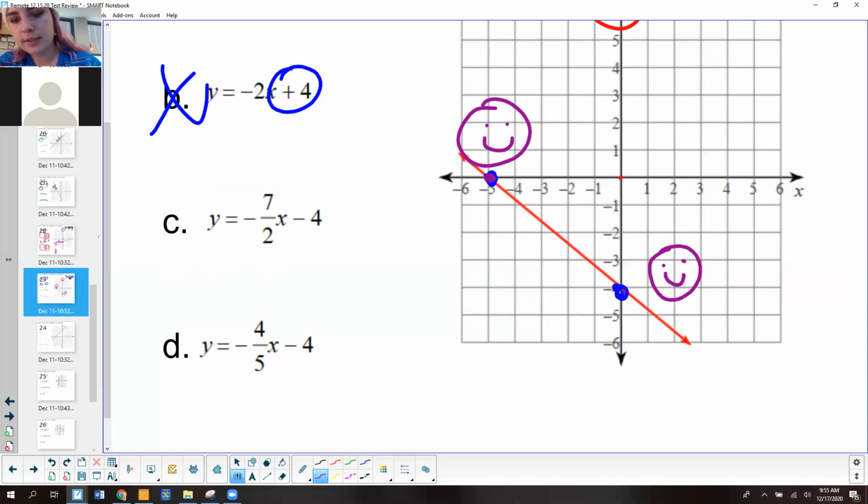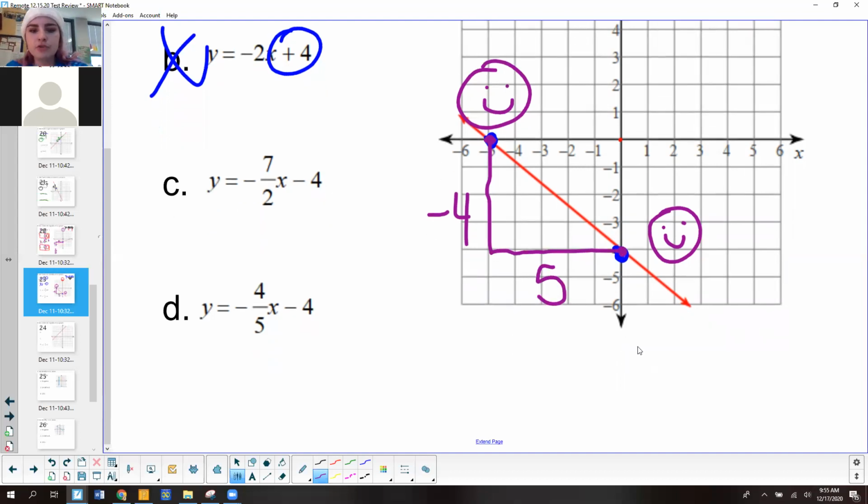To see our friend, we've got to go down the elevator. We go down 1, 2, 3, 4. Since we're going down the elevator, our change in y is negative. Then we've got to walk over 1, 2, 3, 4, 5 rooms. So our rate of change, or our slope, is -4/5. So which one is the correct answer, C or D?